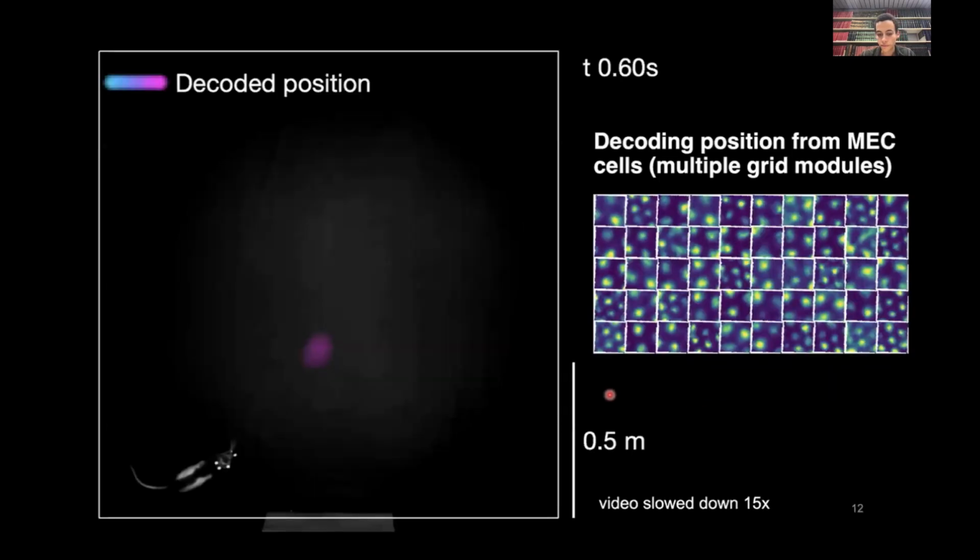And if we do this and plot the decoded position over time, indicated by this colored blob, we see that the decoded position starts around the animal's current location and then sweeps outwards in these stereotyped trajectories within each theta cycle. So this video is slowed down.